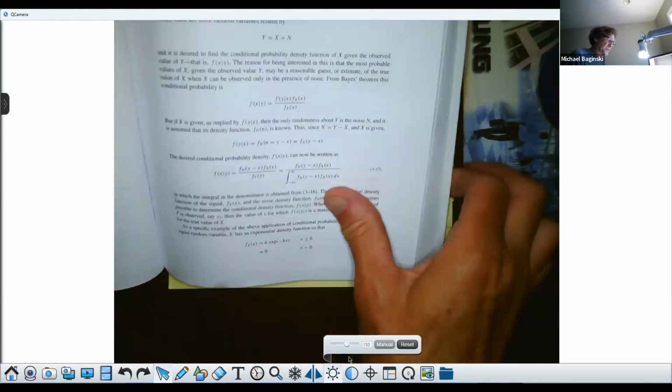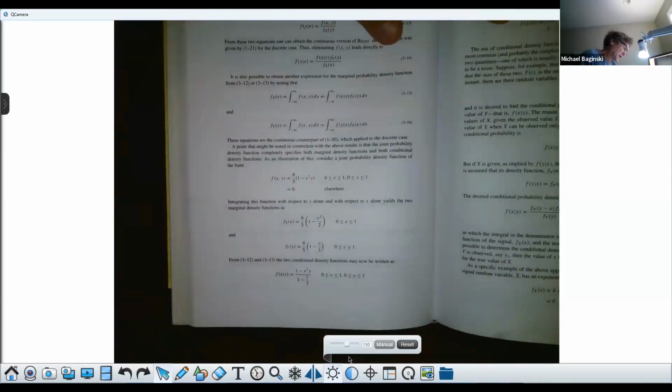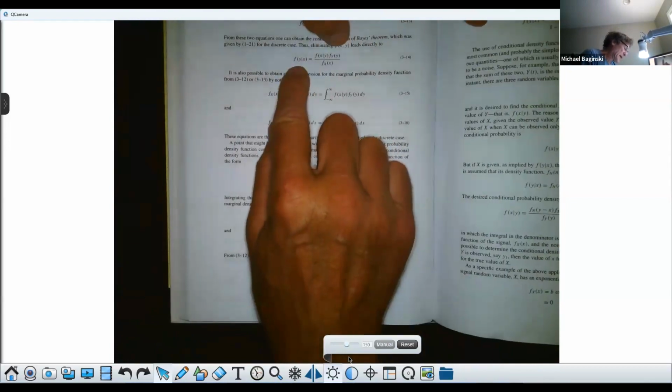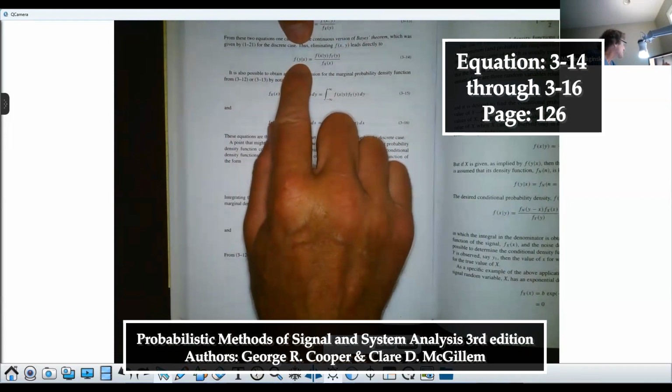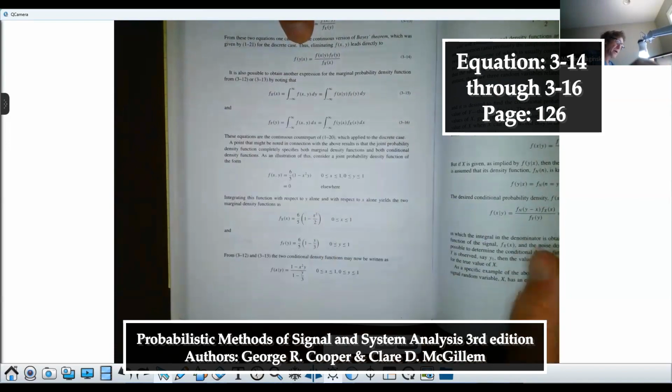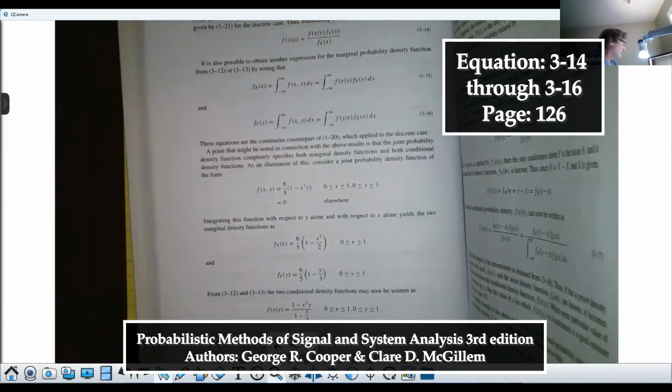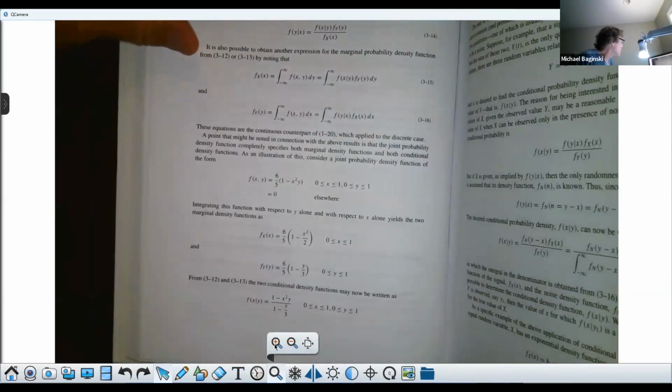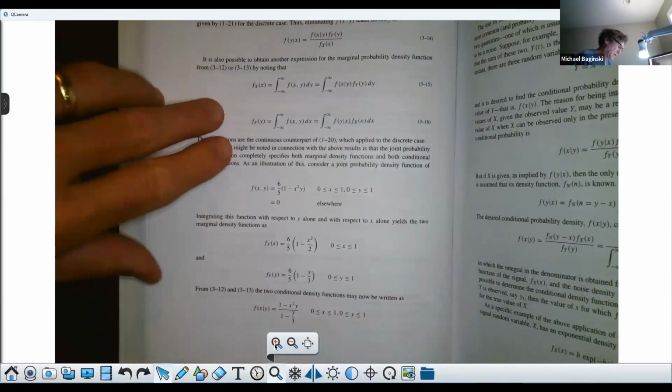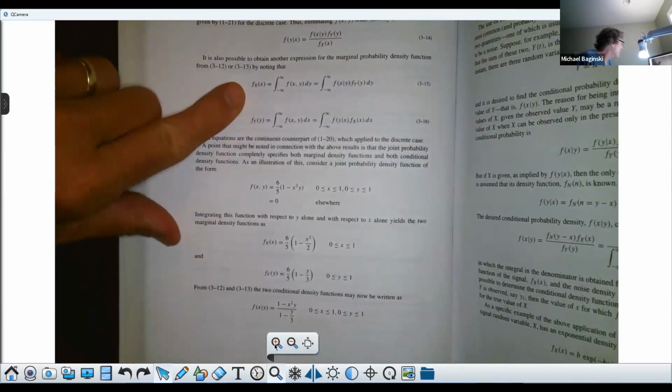I'm going to show you this, and I hope you can all see it. Can you see here how he has f of y given x? Let me see if I can blow that up a little. If you look at equation 315, I hope you can see it where my finger points.